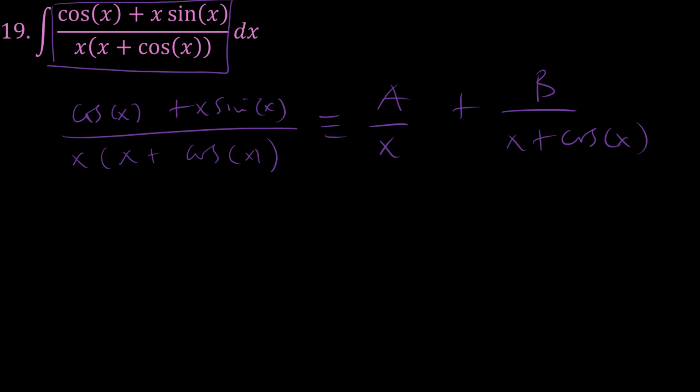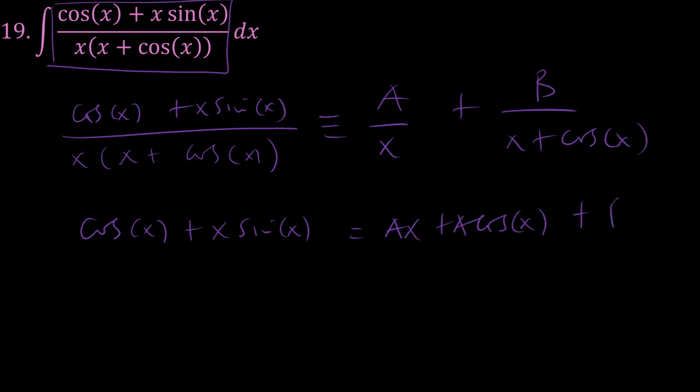such that cosine of x plus x sine x is equal to a times x plus a cosine of x plus b times x, which is equal to a plus b times x plus a cosine x.